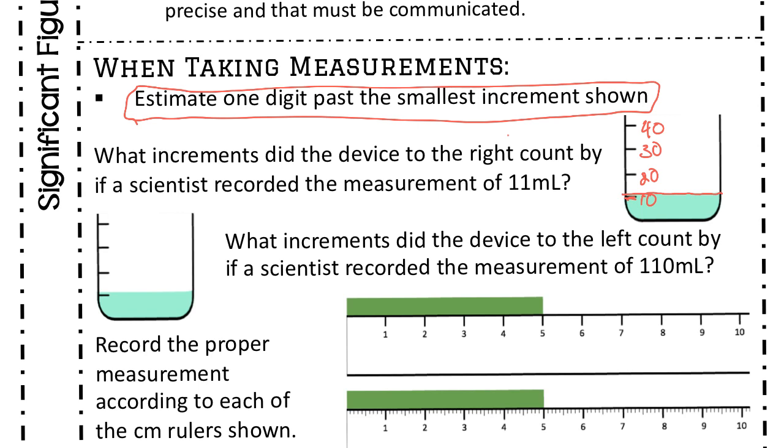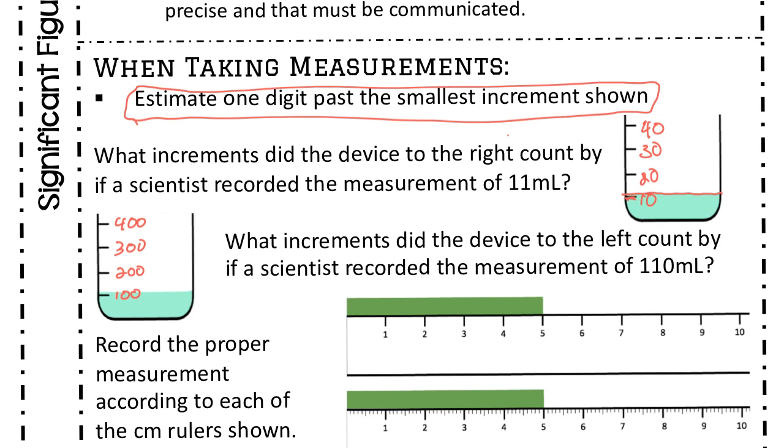What increments did the device to the left count by if the scientist recorded the measurement of 110 milliliters? Well, then these lines must be going up by 100. Whoops, it's supposed to be 300 and 400.